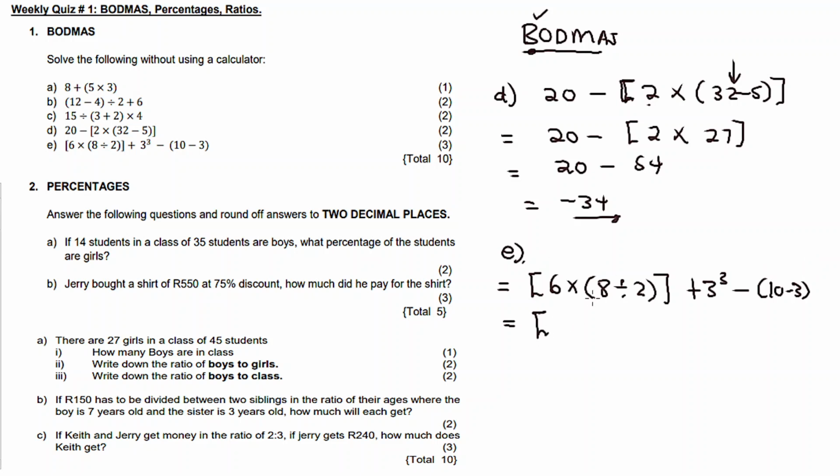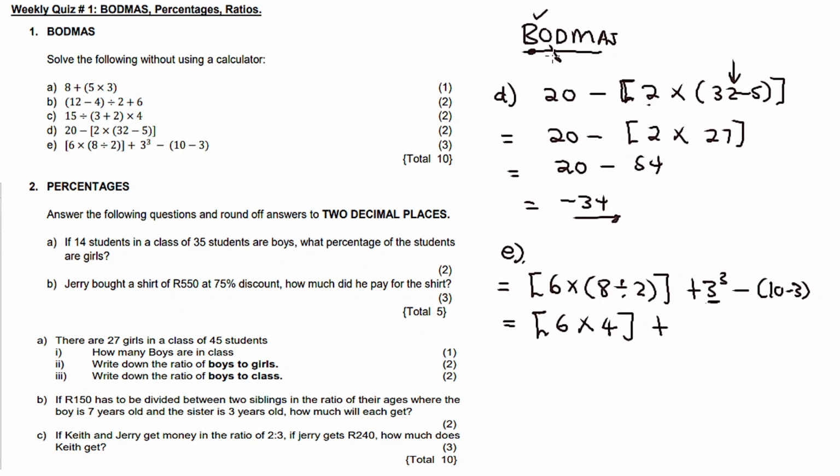So I'm gonna start off with this bracket, the one with the 8 and the 2. 8 dividing a 2, so it's gonna be a 6 times. Let's solve for this. 8 divided by 2, that gives us a 4. Close the bracket, and then a 3 raised to exponent 3, right?